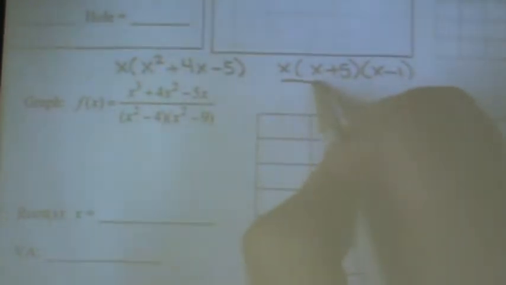And then what? Take out what? X plus 5. And then the bottom. How would you factor that? X minus 2, x plus 2, x minus 3, x plus 3.